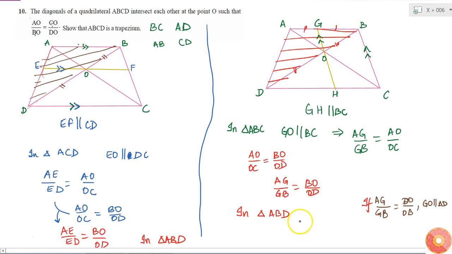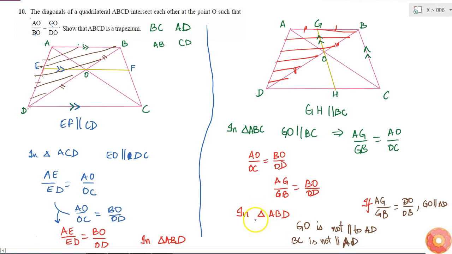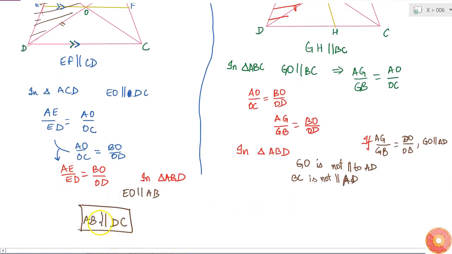That means that GO is not parallel to AD. So BC is not parallel to AD, correct? So what do I get? I got that AB is parallel to DC and BC is not parallel to AD. So I can conclude that ABCD is a trapezium.